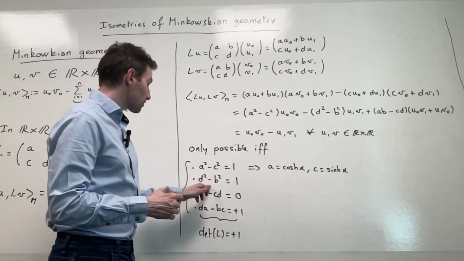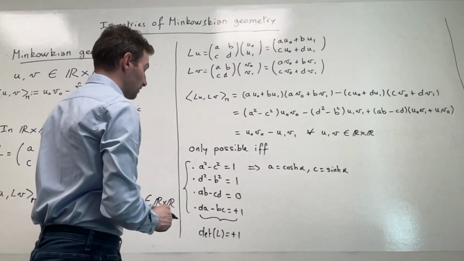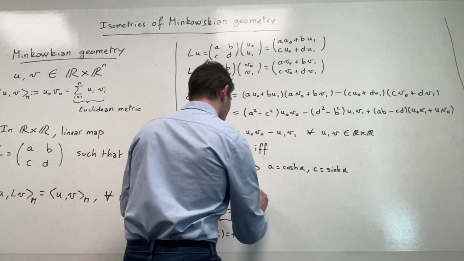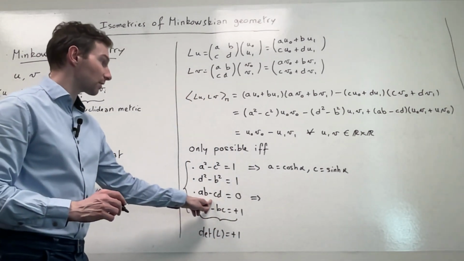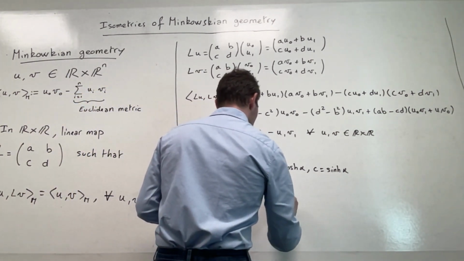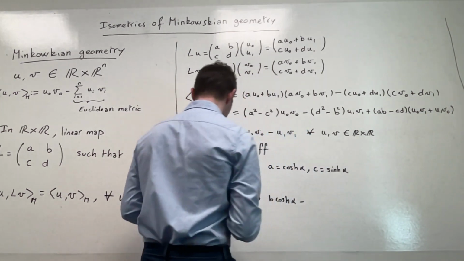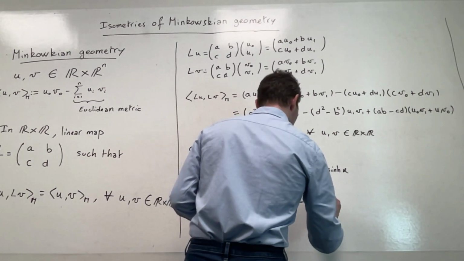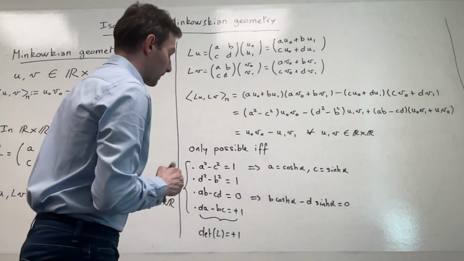Here we can also say that we've got this particular equation, but what we can say rather is on that side, from AB minus CD equals 0, we have basically that B times cosh alpha minus D sinh alpha must be equal to 0.